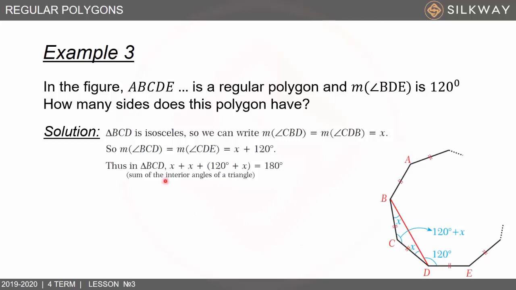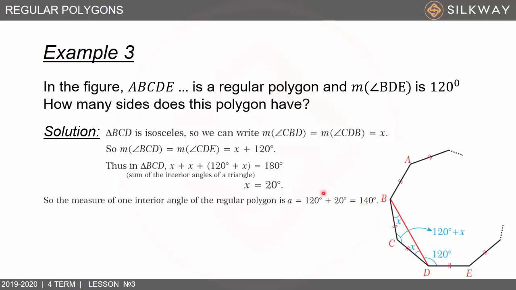From that, x plus 120 degrees plus x is equal to 180 degrees, and x is equal to 20 degrees. And then if we put 20 for x, we will have 140 degrees. Each interior angle is equal to 140 degrees.